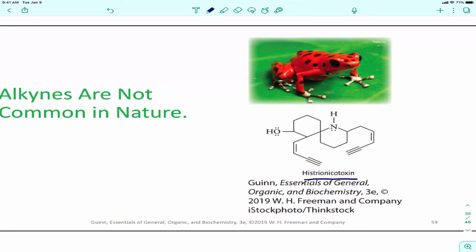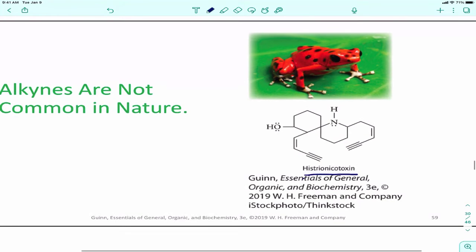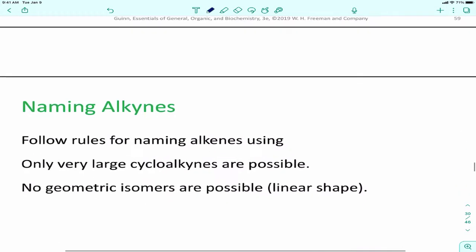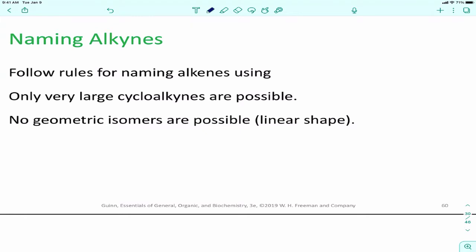The frog on the top is called the poisonous dart frog. And so when this frog is trying to capture prey, they have in their saliva a toxin, and this is the compound. So naming alkynes is fairly similar. You follow the same rules for naming as for alkenes, using the YNE ending.